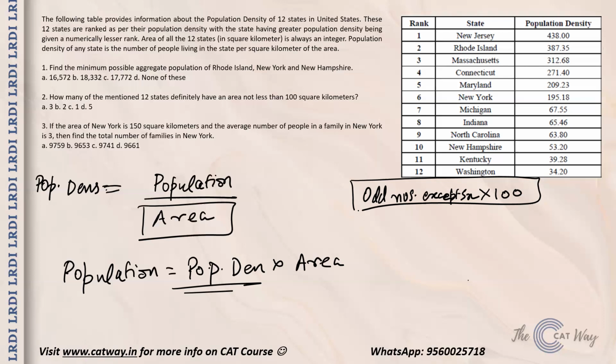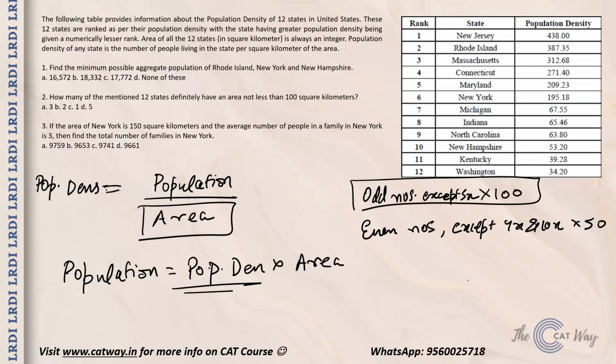Say 14 multiplied by 50 would give you an integer, but 4 multiplied by 50 is also going to give you an integral number. But what do you need? You need to minimize the area as per the question, so you have to take the minimum area possible. So even numbers except 4x and 10x are multiplied by 50.